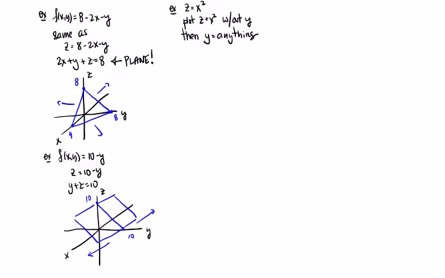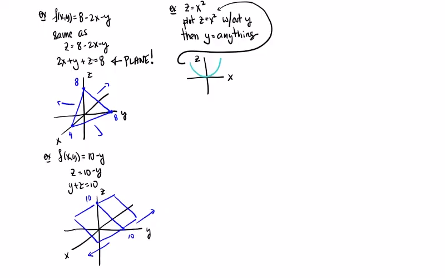So it can be helpful to draw a little side picture here. In other words, if you had no y-axis, you would have an x and a z, and you would draw a picture, and it would be a parabola. That's z equals x squared.